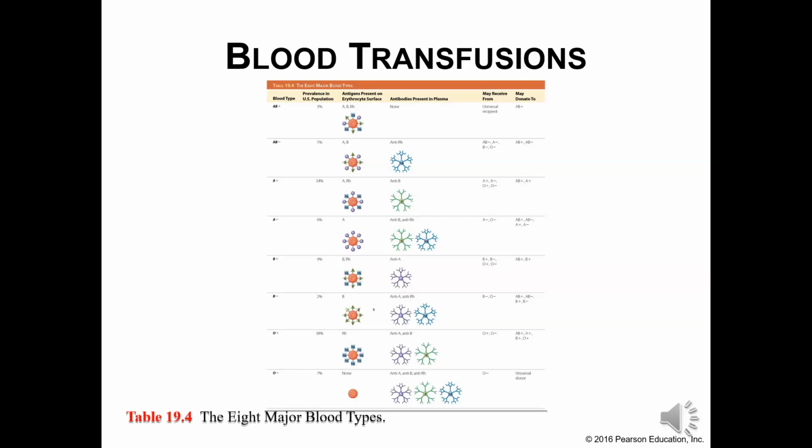Remember, O negative is the universal donor, so they can donate to all blood types, but they only can receive blood from their own blood type. Whereas AB positive can receive blood from all blood types, but they can donate only to their own blood type. And that's the reason they're called the universal recipient.